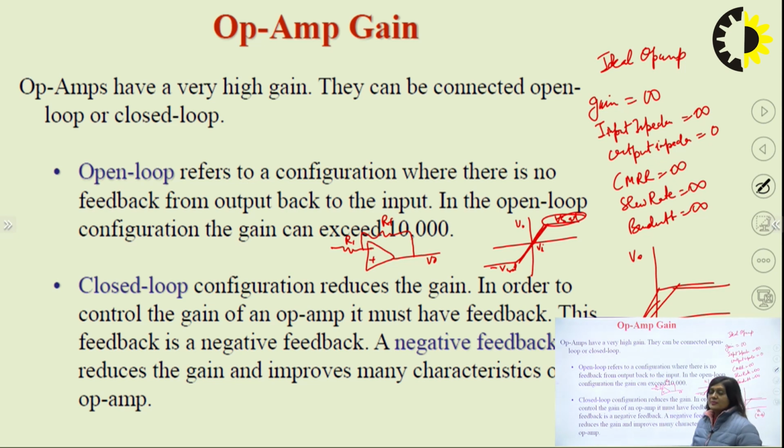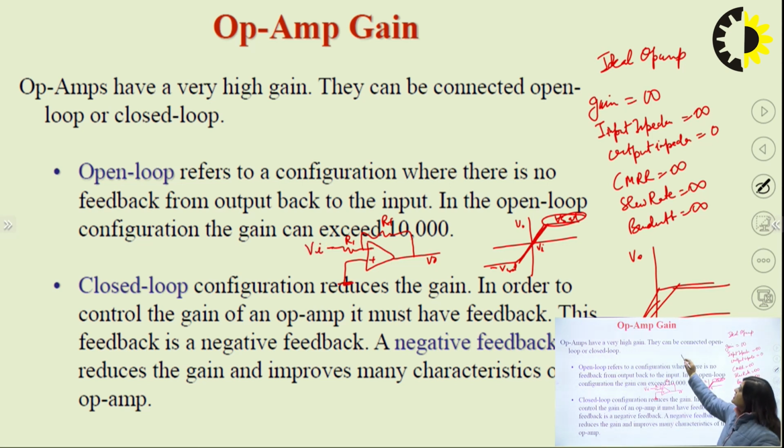So while making an inverting mode configuration or non-inverting mode configuration, in both types of configurations, the feedback will always be on the negative side. If we want to make it an inverting amplifier, the feedback will be the same, and here we will make it ground, and here we will connect Vi.